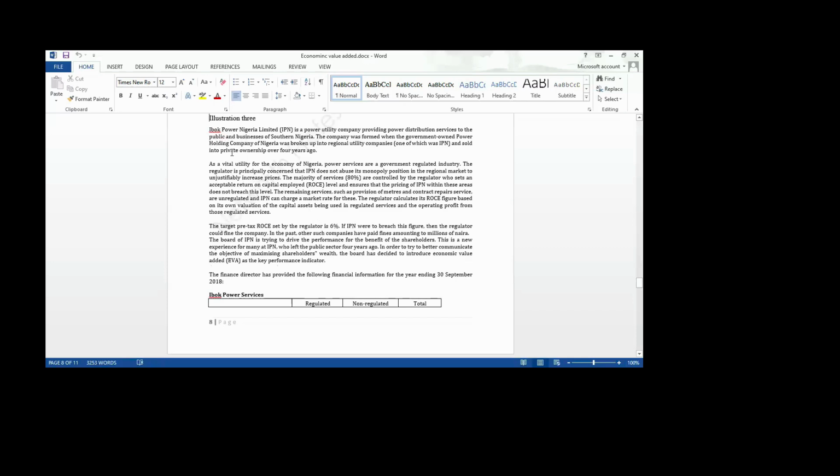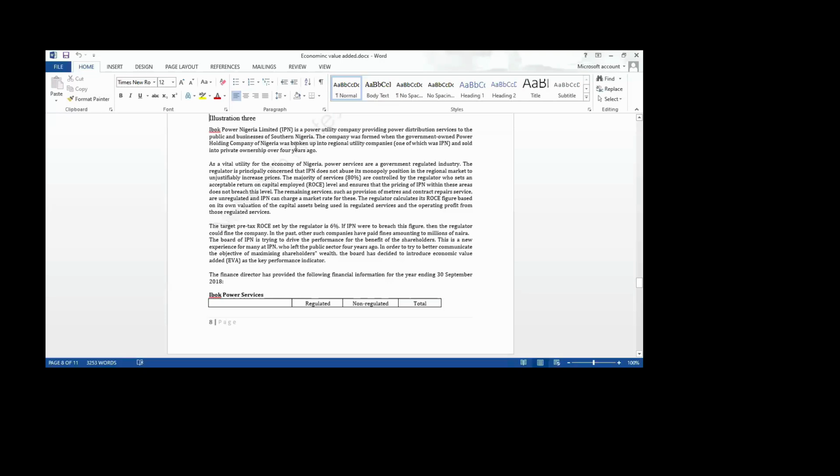Epoch Power Nigeria Limited, IPN, is a power utility company providing power distribution services to the public in South Nigeria.